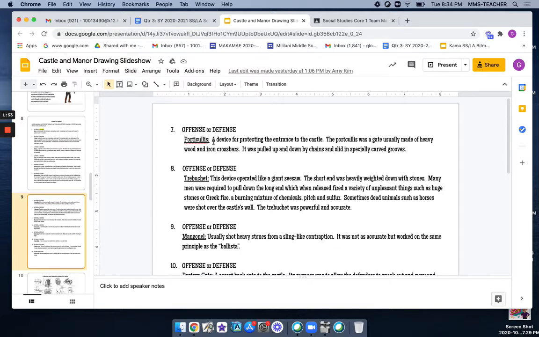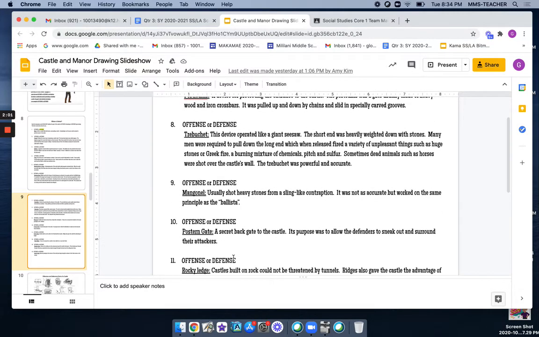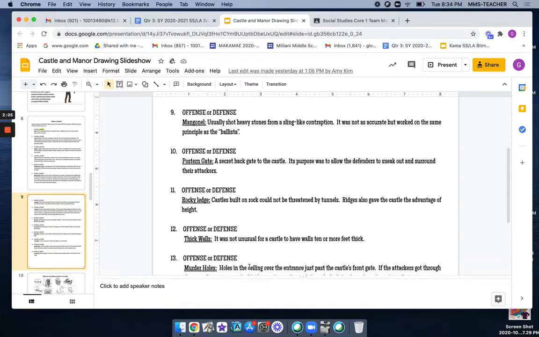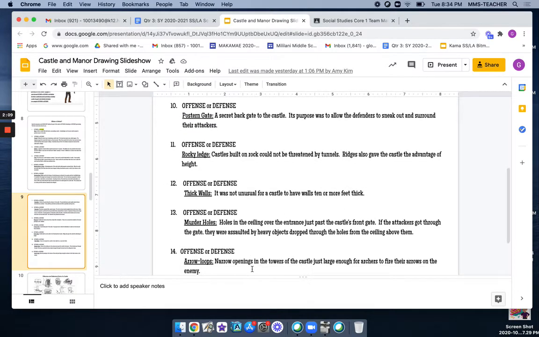Then on the next one, portcullis, trebuchet, mangonel, postern gate, rocky ledge, thick walls, and murder holes. And lastly, arrow loops. So it gives you descriptions of the different parts of the castles.